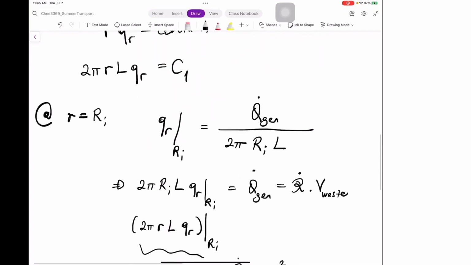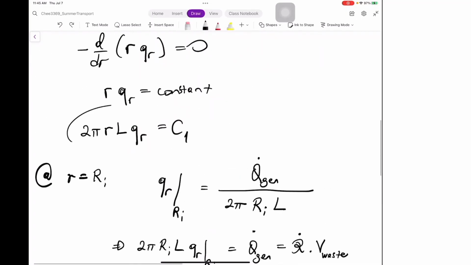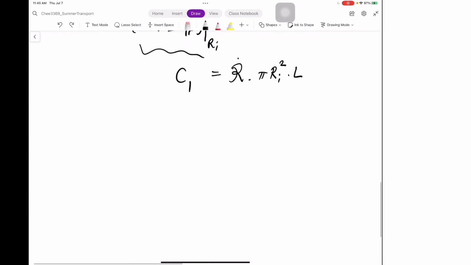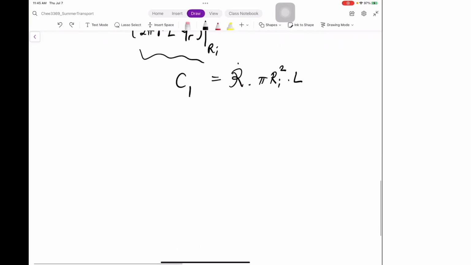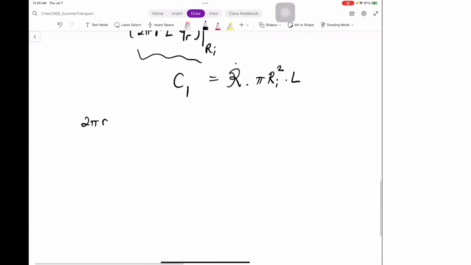So from here, and using this one, we write it as 2 pi R L q_r is equal to C1, which is q-dot times pi R_i squared L. Okay, and then you do the simplifications.